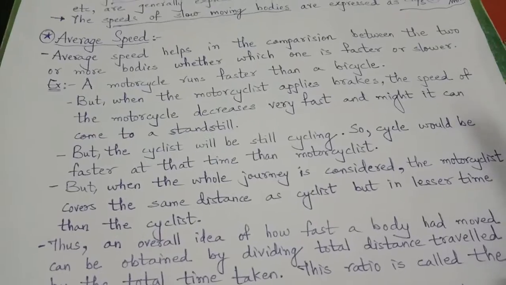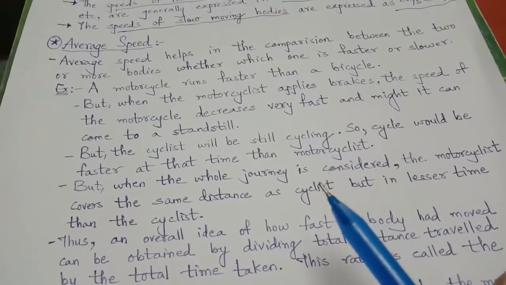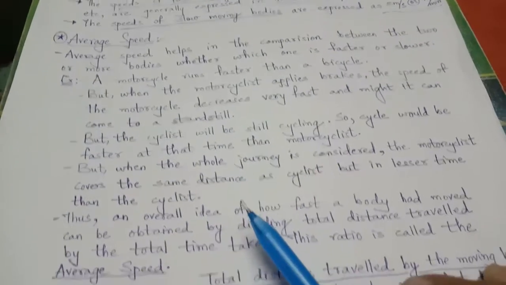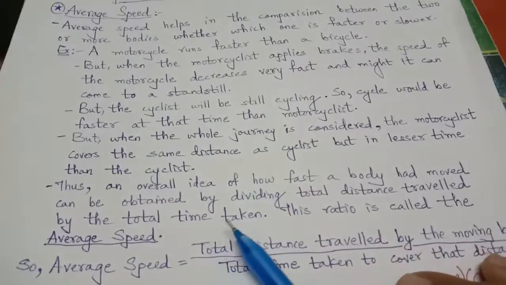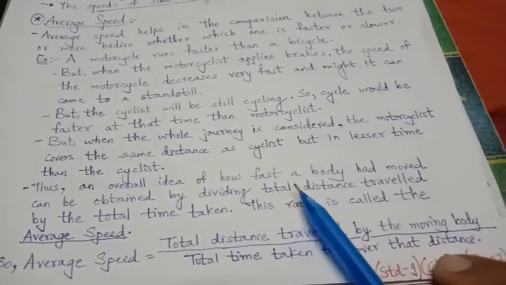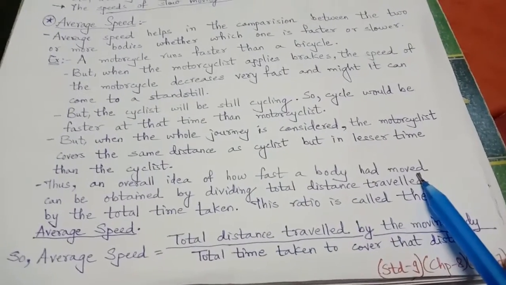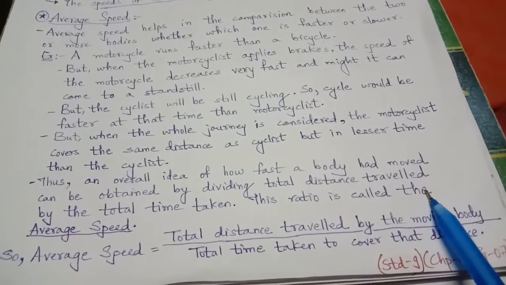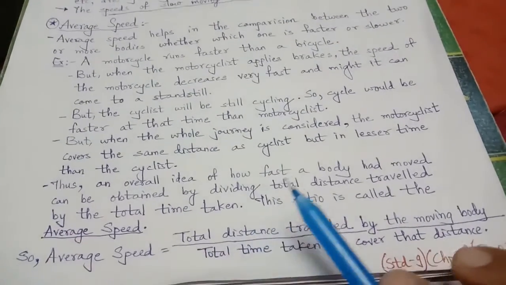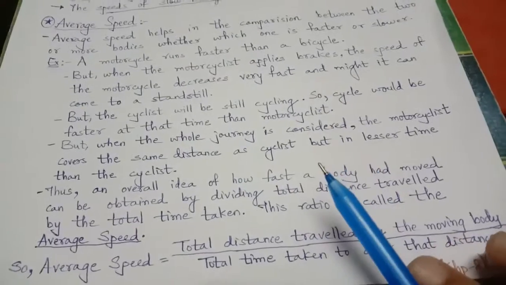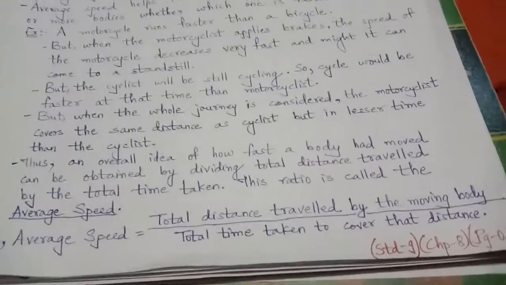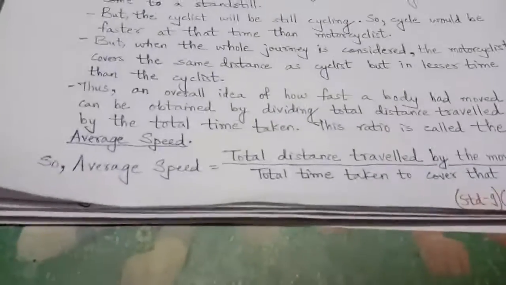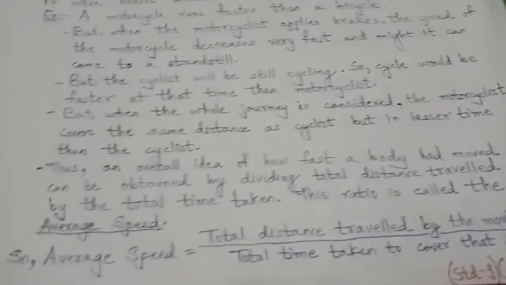From this example, many examples you can cite, even you can recall from your own experience, and by such examples we can come to a conclusion that an overall idea of how fast a body has moved can be obtained by dividing total distance travelled by the total time taken. In speed we have just considered distance travelled by time taken. But now here I want to know about the total average speed.